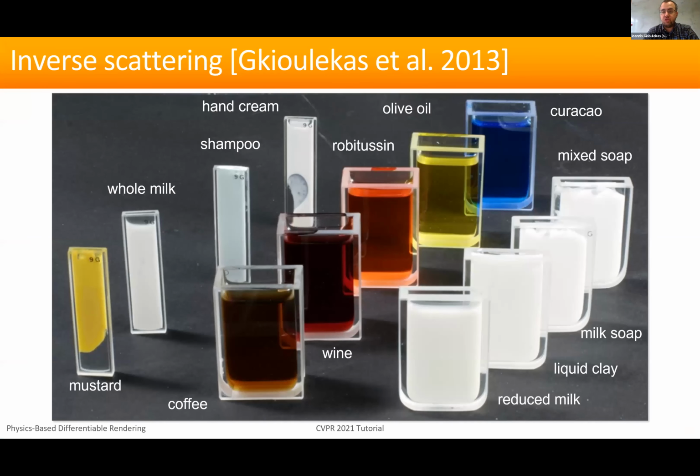So one of them has to do with inverse scattering. And this is arguably one of the first applications of, if not the first application of, Monte Carlo differentiable rendering on an inverse rendering problem. The idea here is that we want to reproduce the optical properties of different translucent materials, materials that have strong subsurface scattering. This ranges from mustard, milk, shampoo, soap, wax, all sorts of liquids, and so on.